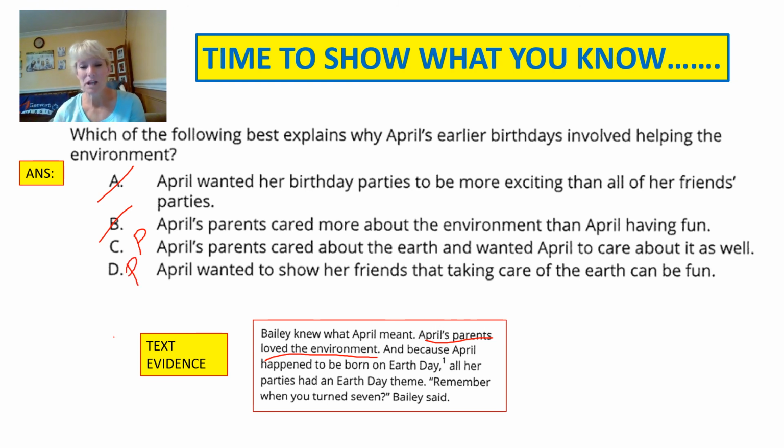Now remember, sometimes I have multiple P's for possibility because I just don't want to eliminate them yet. But when I take a look at my text evidence, I really feel that the fact that her parents cared for the environment is going to make her want to care for the environment as well. So I'm going to choose letter C, and say that letter D is not my best choice.